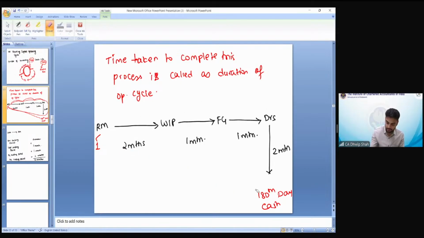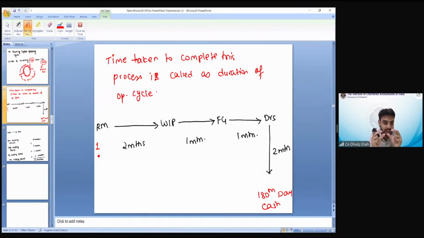Are you following? So if I am able to manage funds for 180 days, आज ये जो raw material को पैसा supplier को दिया है ना, that money I will receive after 180 days. So if I am able to manage funds for 180 days, my business will run very smoothly. Are you following?